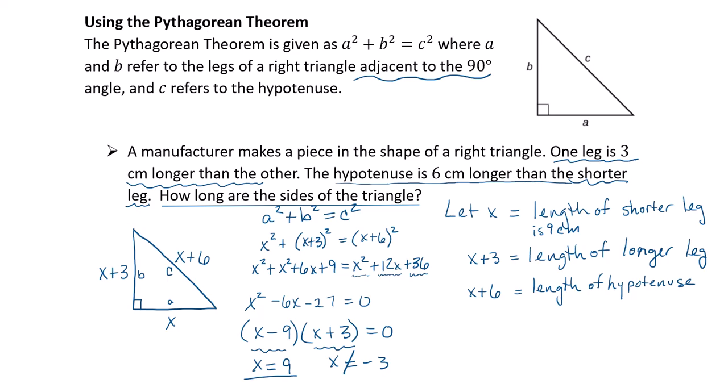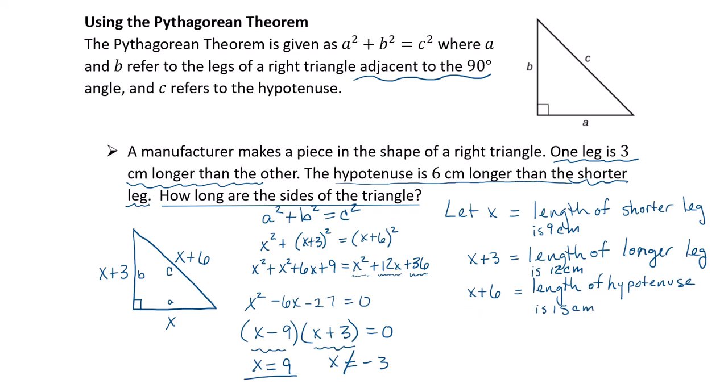Now the length of the longer leg was 3 more than that, so the length of the longer leg is 12 centimeters. And the length of the hypotenuse is the length of the shorter leg plus 6, so we have 15 centimeters.